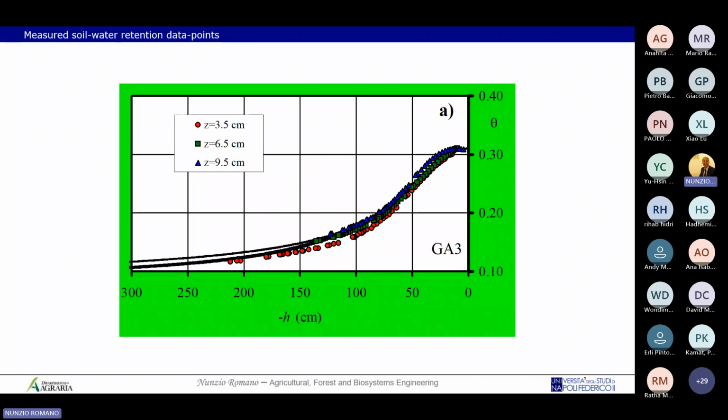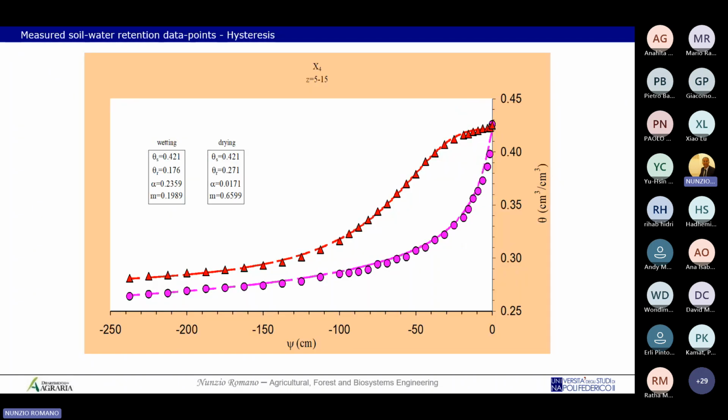Another situation, but there is no time to go into this, is the fact that especially in sandy soil there is the phenomenon of hysteresis, in the sense that the relationship between water content and matric pressure head depends on whether you are drying the soil or wetting the soil.